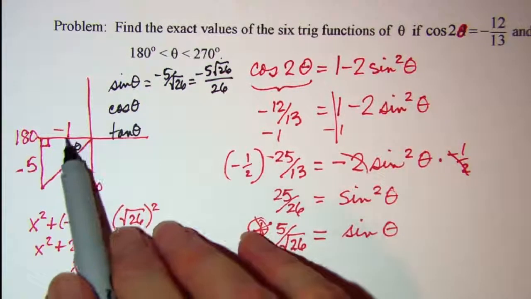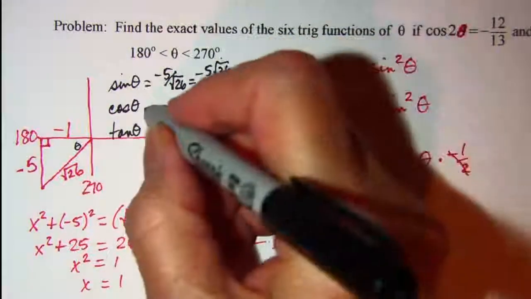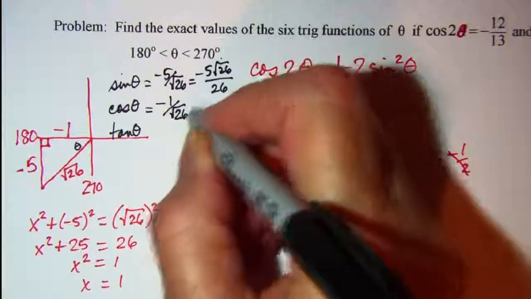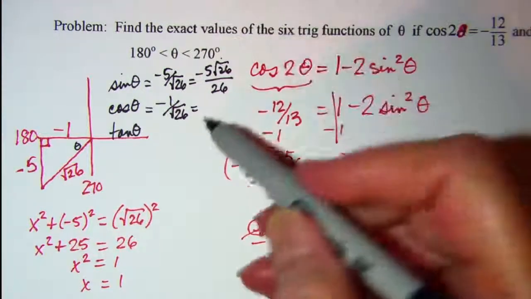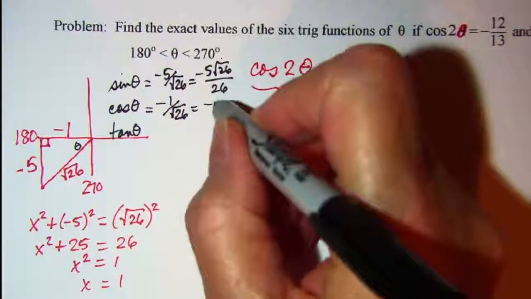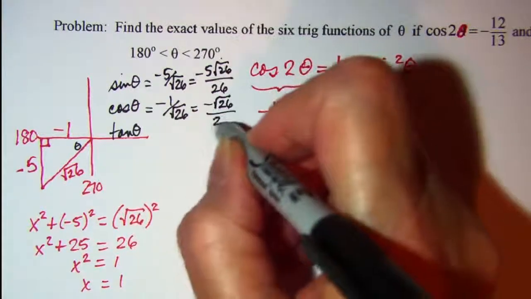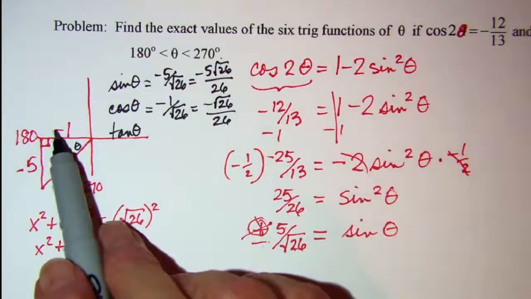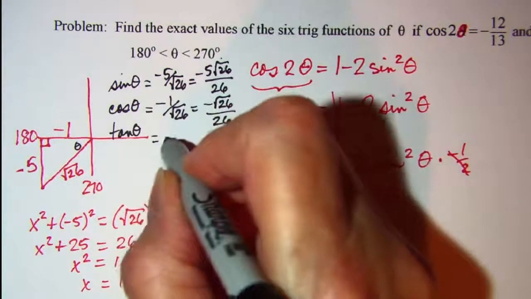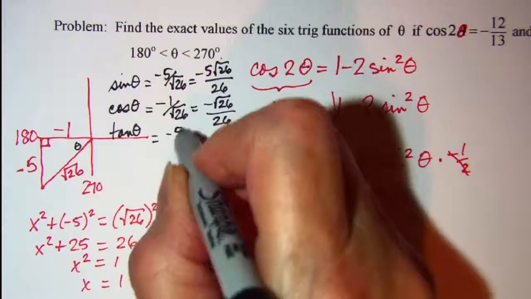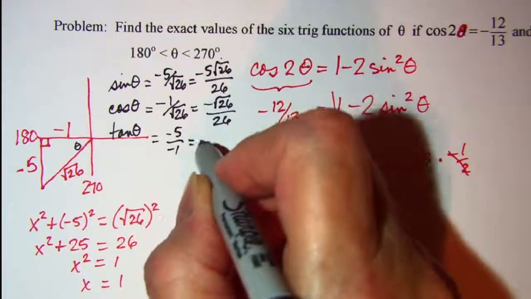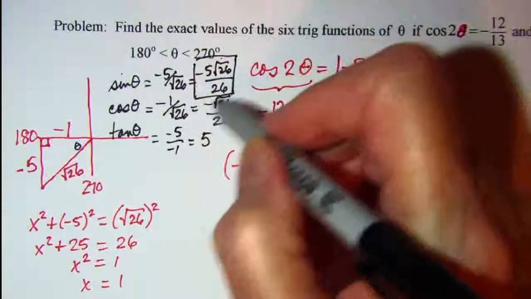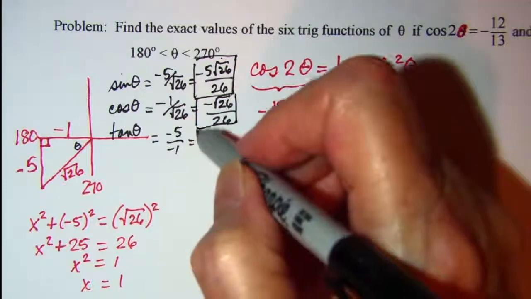My cosine is adjacent over hypotenuse, so that is a negative 1 over root 26. And when I rationalize the denominator there, I get a negative root 26 over 26. And then my tangent is opposite over adjacent. So that is a negative 5 over a negative 1, which is 5. So these are my three main trig functions.